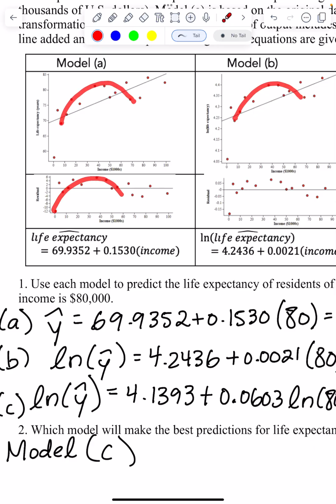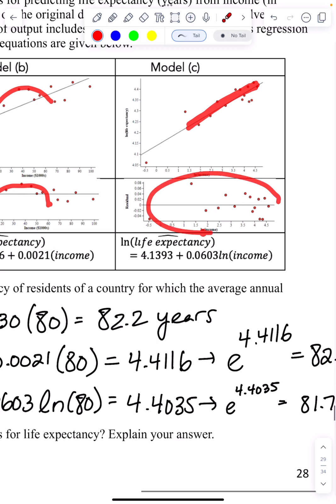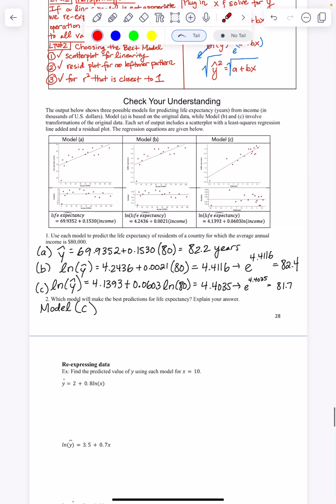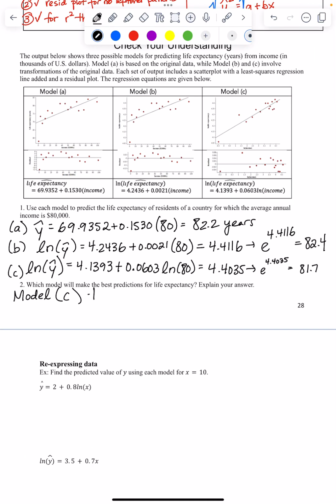I can see a faint but existent curve in these two, but nice random scatter here. So that's what I'm going to say. Model C, because the scatter plot is the most linear and the residual plot has no leftover pattern.